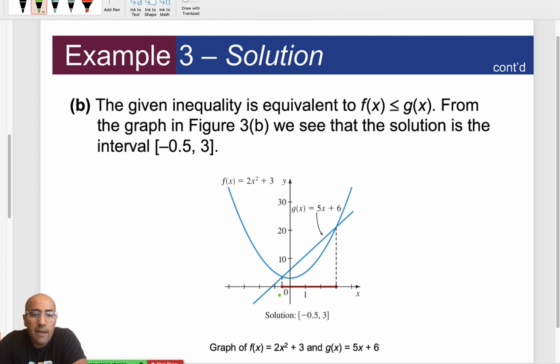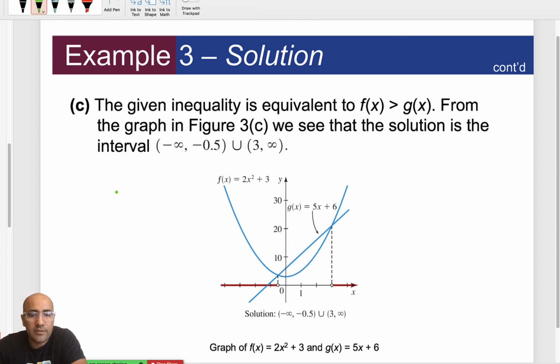And then, of course, the opposite: when is the f of x function greater than the g of x function? Well, that would be for domain values over here on the left-hand side or over here on the right-hand side. So for part C, we get the opposite.